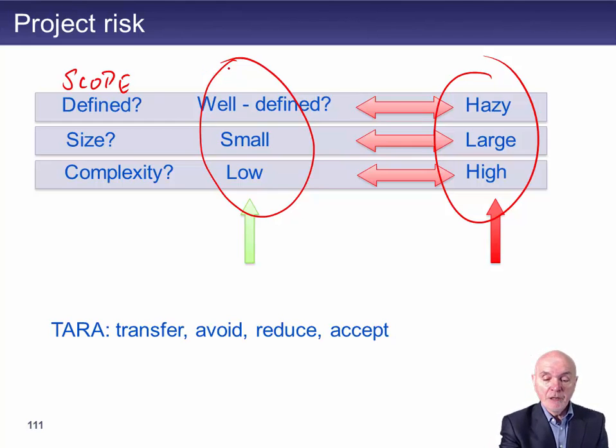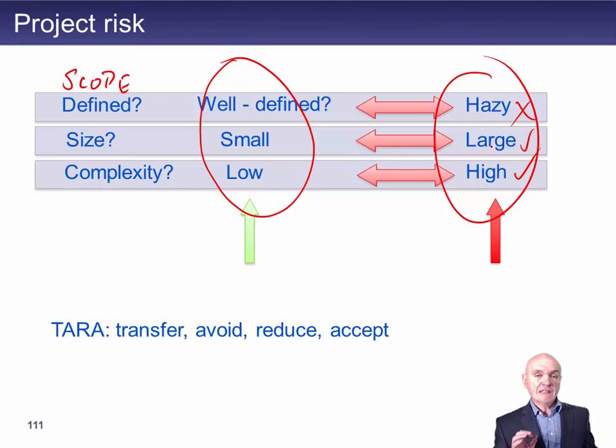So it's perfectly okay to be adventurous, I suppose, with projects, but it should never be hazy. An organization should never embark on spending money when it has not pinned down pretty closely what the desired outcomes are from spending that money. And therefore the project should always be well defined.